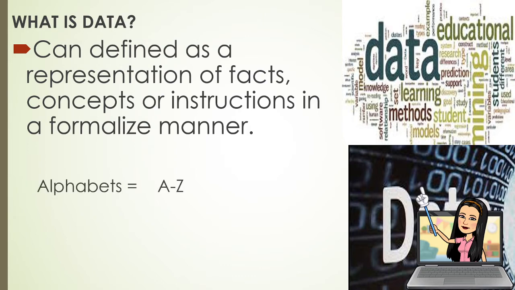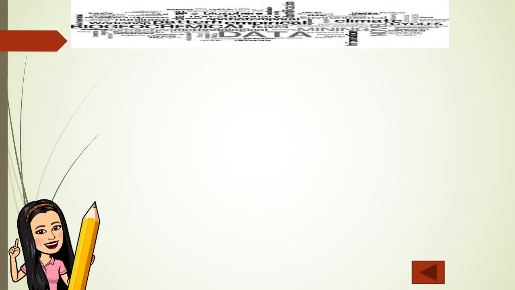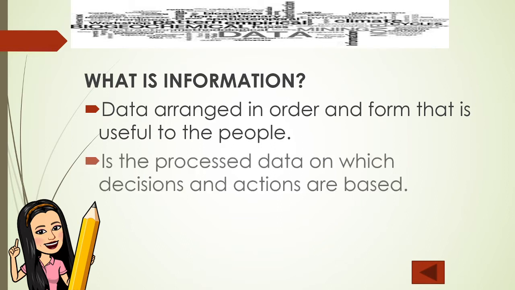For example, we have alphabets or letters, digits or numbers, and special characters or different symbols. When the data is processed, it becomes information. So what is information? Information is the data arranged in order and form that is useful to the people. It is the processed data on which decisions and actions are based.